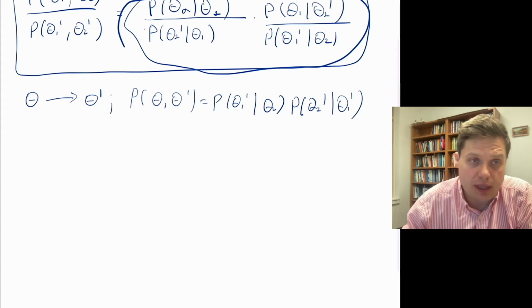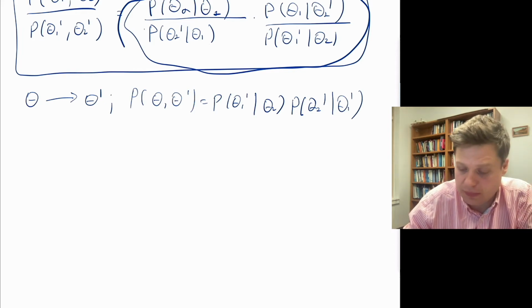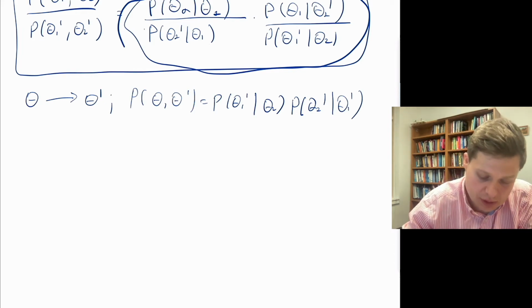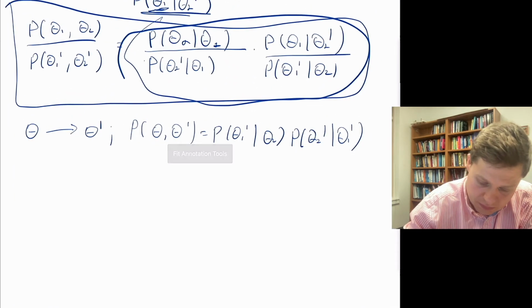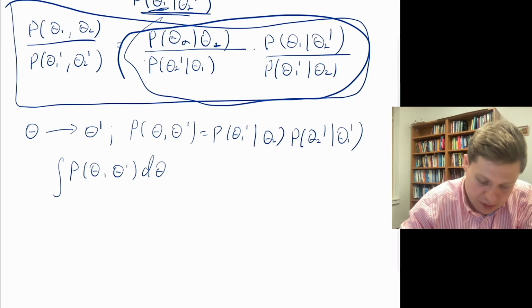Okay, and so the conditional density is the only thing that we need. And then the stationary density for this transition kernel is defined as an integral. So you take your transition kernel, the joint density over theta and theta prime, and you just integrate over theta. So you integrate out the initial state, and that's going to be the stationary density over theta prime.